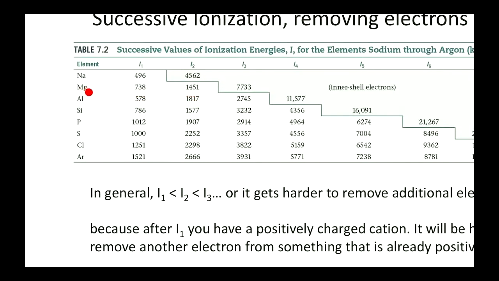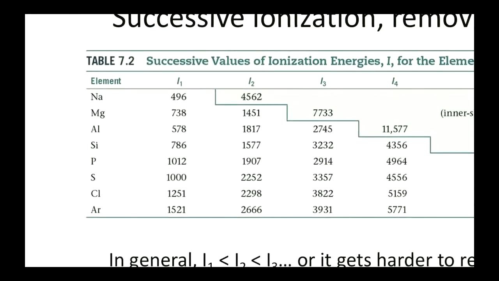Same thing for magnesium. Can you tell by the numbers what type of cation magnesium can be found as? See, in sodium, there's a huge jump between 1 and 2, meaning that it loses 1 electron easily, but not 2 electrons. So for magnesium, how many electrons can it lose easily? 2.